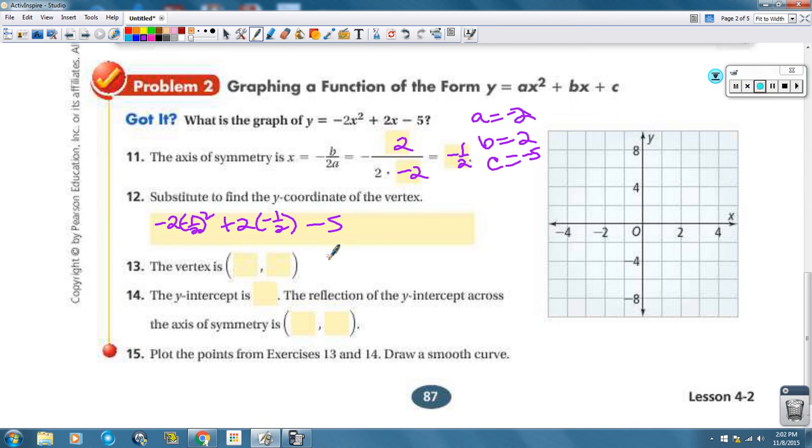So negative 2 times, and then I'm going to square that, plus 2 times negative 1 divided by 2. Okay, so I got negative 6.5.